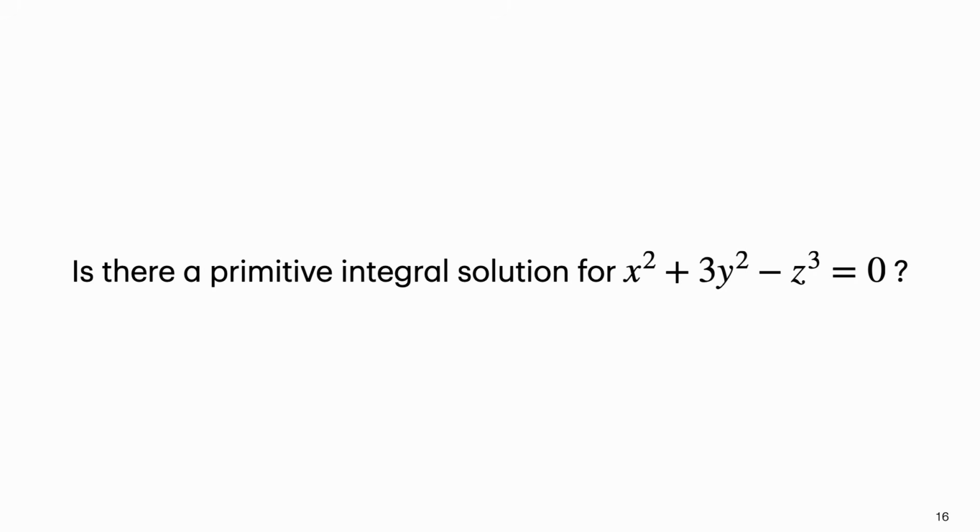So we have x squared plus 3y squared minus z cubed. So we are asking for primitive integral solutions for this. And now we're in trouble because we don't have a homogeneous polynomial. So if we wanted to come up with a projective variety defined by this equation, we will get a surface.